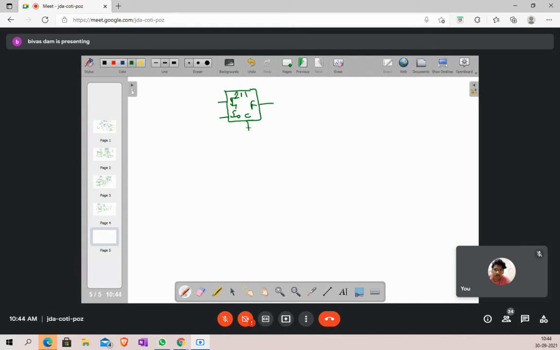Using this 2:1 multiplexer, you have to realize one inverter. That's your task. Using a 2:1 multiplexer, you have to realize one inverter. I1 equal to 1.